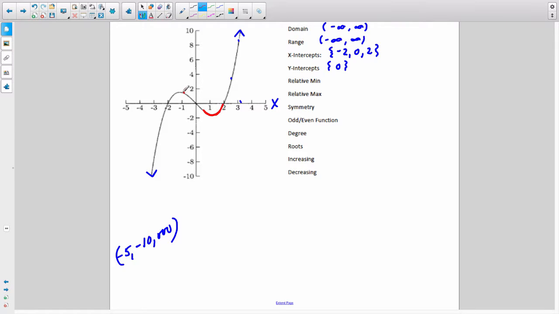And then, of course, up here, you would call that a relative maximum. It's not the most high point of the function. That's somewhere up in infinity over here. But it's definitely a relative max. It's got this turning point business. So the relative minimum, let's estimate, occurs at x equals 1. And the relative maximum at -1.